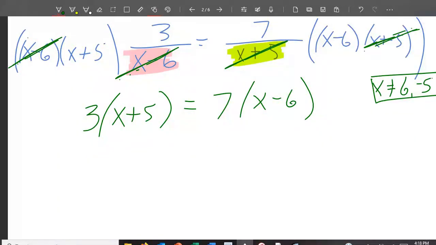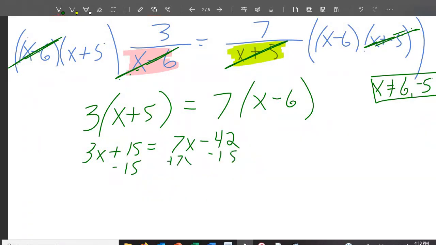Now, let's go solve this. We do the distributive property. 7x minus 42. Solve for x. We're going to subtract 15 from both sides. We're going to add 7x to both sides.